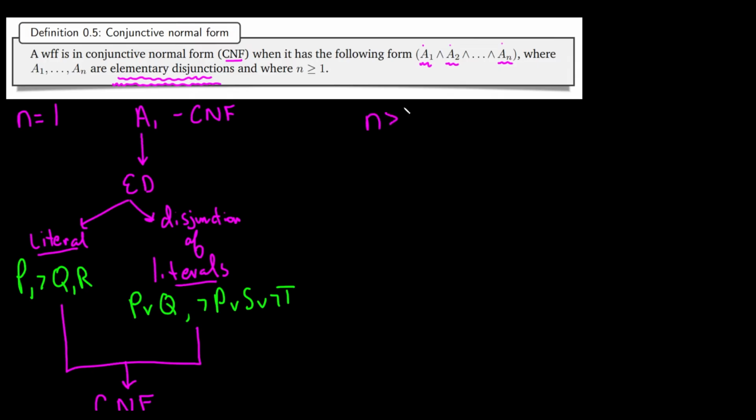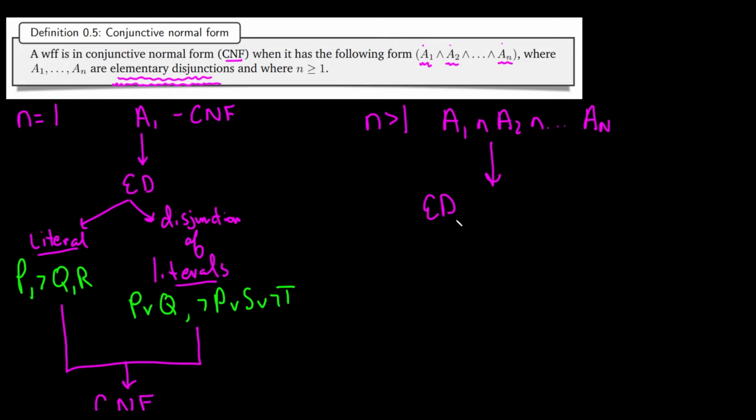So we're not looking at a single formula, but n is greater than 1. So we're looking at a formula that has the form, let's say, a sub 1 and a sub 2 and, all the way up to a sub n. So we're actually looking at a conjunction and asking ourselves, is this formula in conjunctive normal form? Well, the answer to this is yes, provided we have a conjunction of elementary disjunctions.